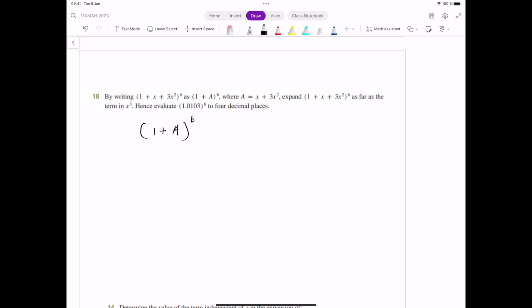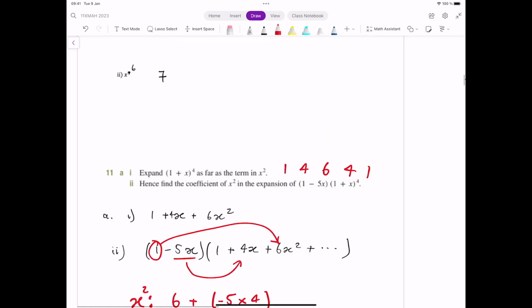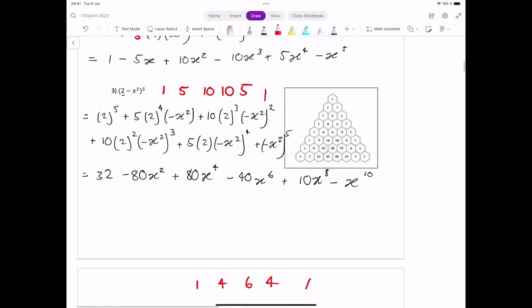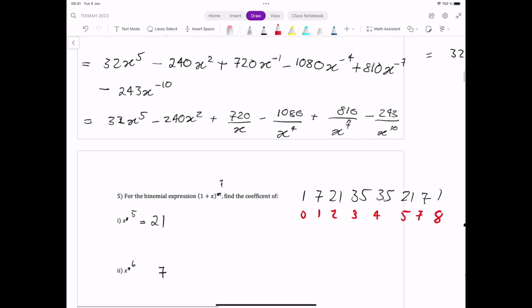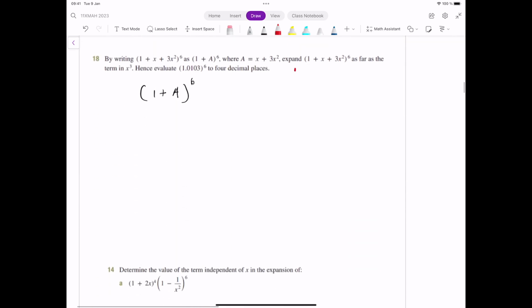We're going to expand (1 plus a) to the power of 6. We know the sixth row of Pascal's triangle, let's have a look. The sixth row is 1, 6, 15, 20, 15, 6, 1. So let's expand it.